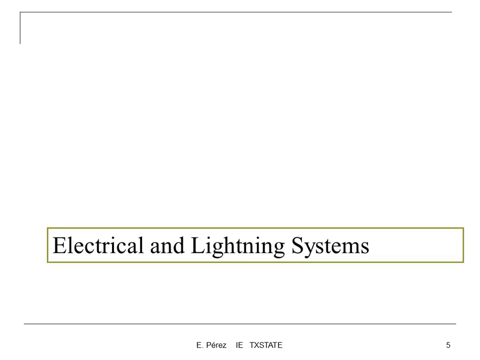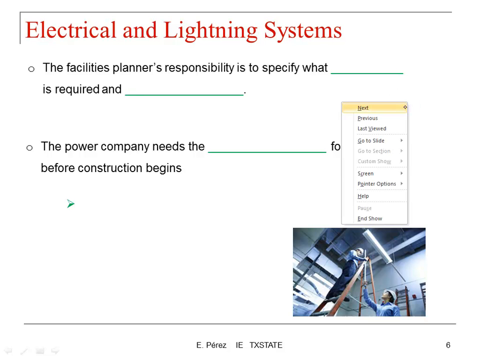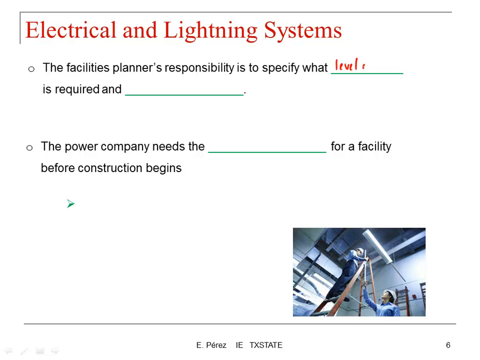So in terms of the electrical and lighting systems, the facilities planner's responsibility is to specify what level of service is required and where it is required.